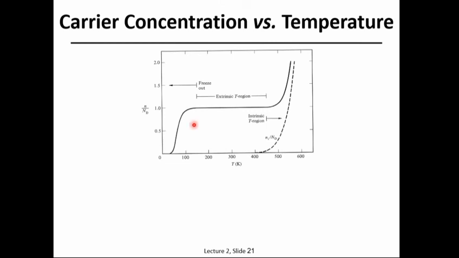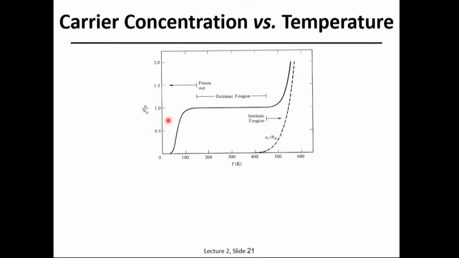Now, what we are presenting here is that if we are talking about an intrinsic material, where we compare Ni to Nd, the donor density, we have this slope, while if we are talking about extrinsic material, you notice that it will be in this region. It's like a freeze out.